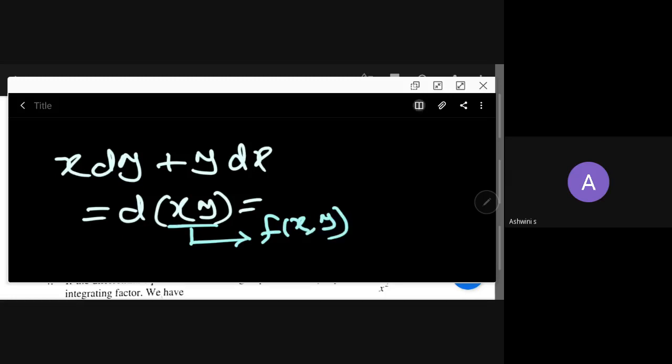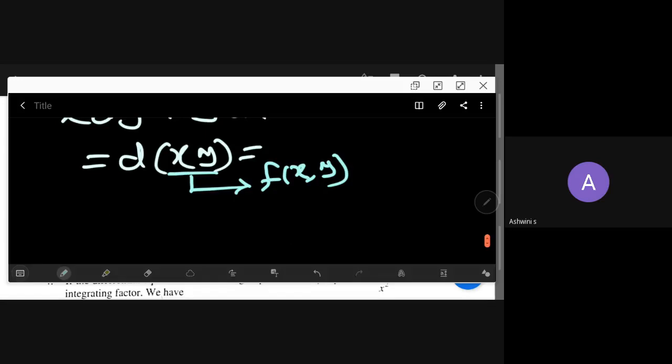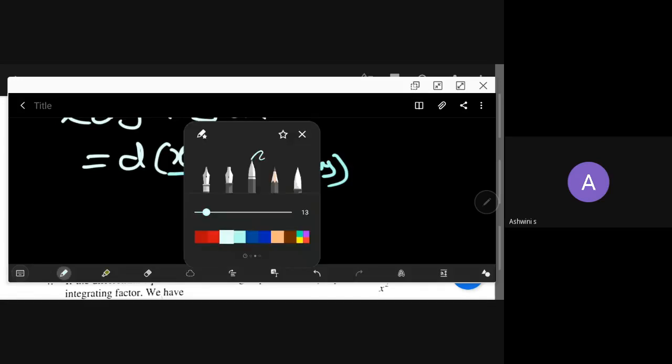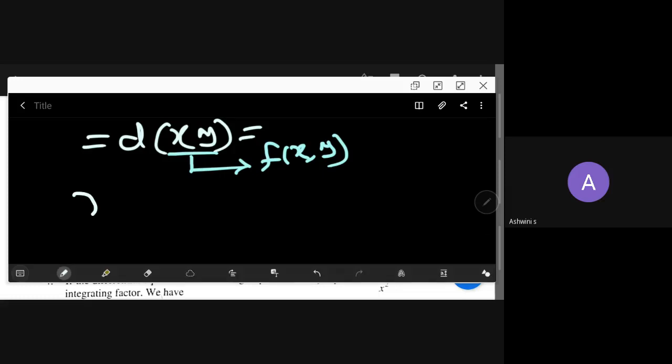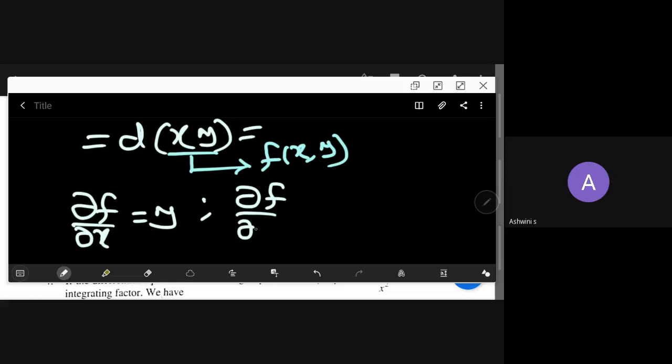Then in this case, what is ∂f/∂x? That is y, clearly. And what is ∂f/∂y? This is clearly x.